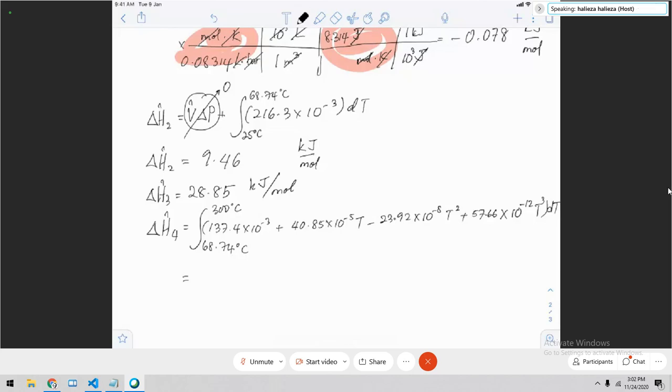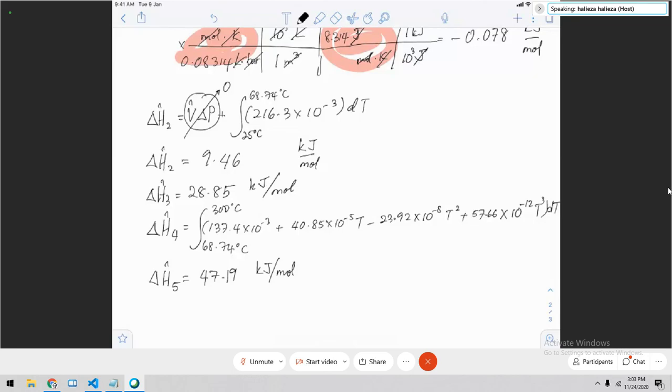Give me the answer in kilojoules per mole. 47.19. Again, please, I heard 47.9. 19. Okay, thank you very much. Everybody getting the same answer?